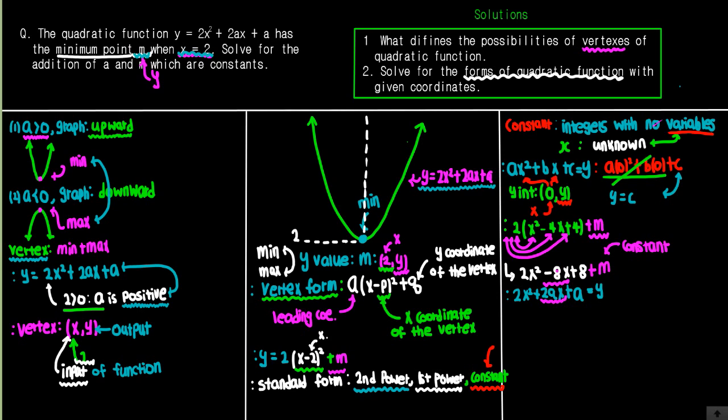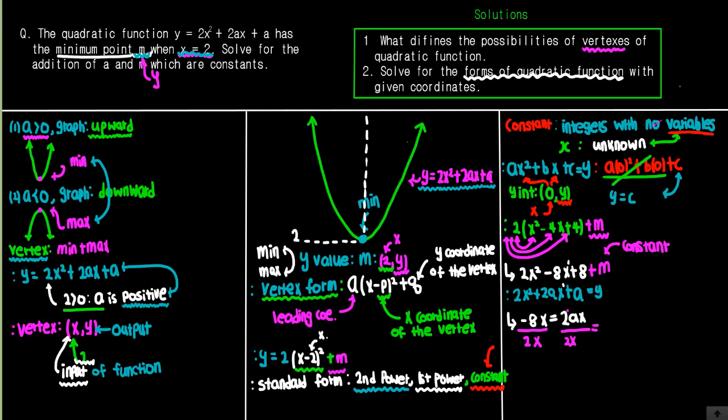But they should always be equal, since they are the terms that contain the first degree power of our variable. So we can conclude that negative 8x is the same thing as positive 2ax. All we have to do is divide both terms by 2x in order to isolate our a term.